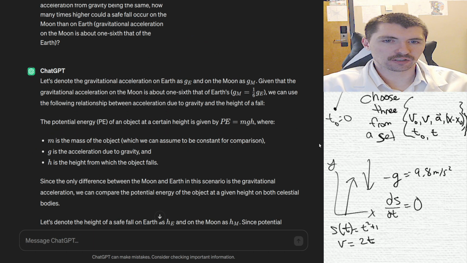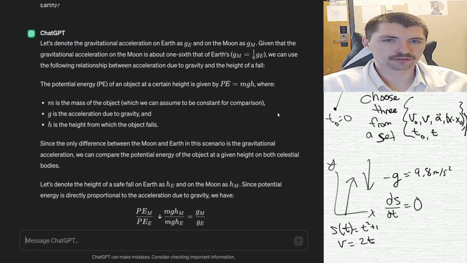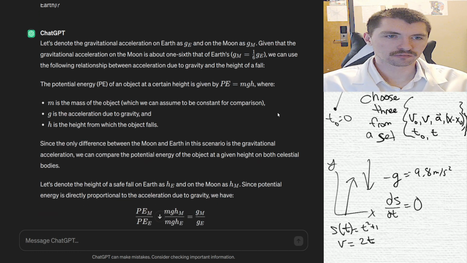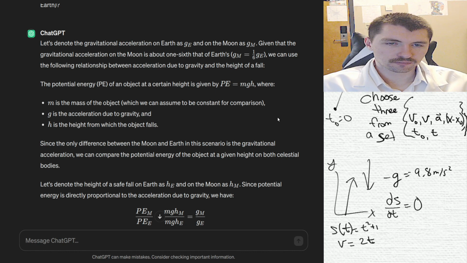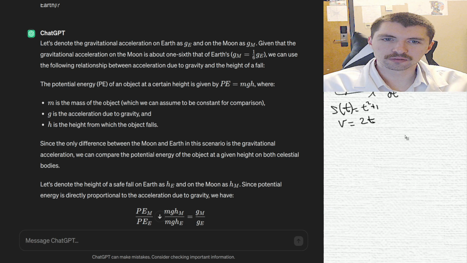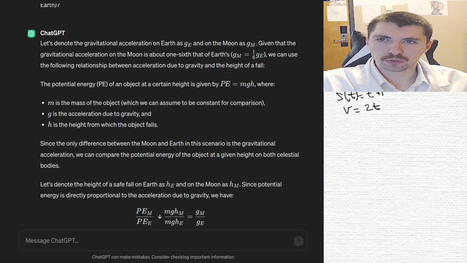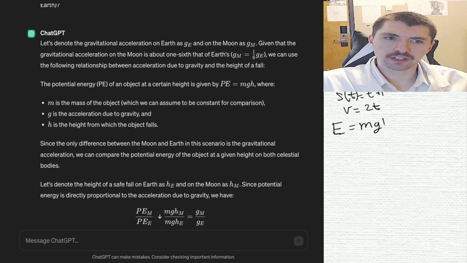Okay, they're saying GM is 1/6 GE. Okay, so this is an important equation. Energy is mgh, mass, gravity, height.